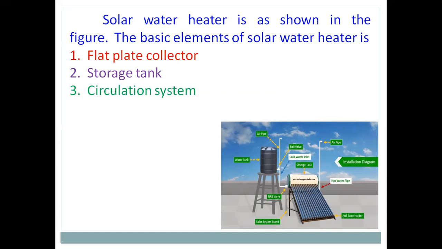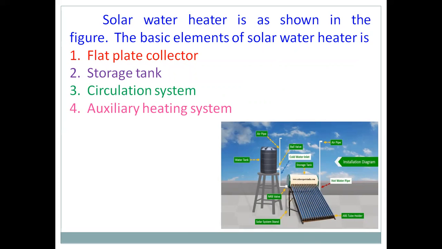And the third one is the circulation system. You see these pipelines are the circulation system, through which the cold water or hot water is transferred from the flat plate collector to the storage tank. And the fourth one is the auxiliary heating system. Of course, in case of cloudy days, or in the rainy season, or if there are more guests, the hot water is not sufficient.